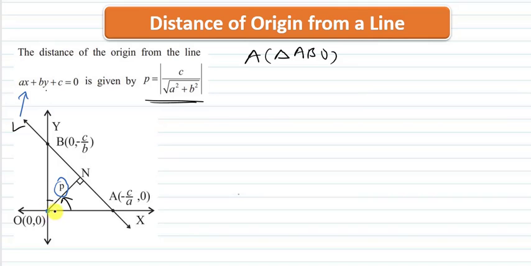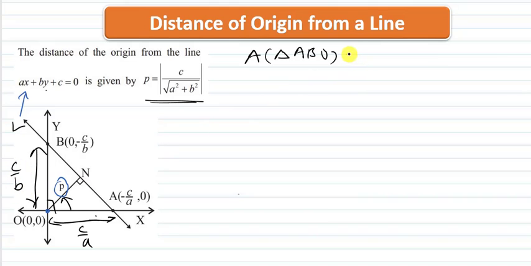We know that the perpendicular from one vertex to the opposite side gives the height of the triangle. So here OB is my height, OA is my base. From the basics we can understand the length of OA is c by a. I am not taking minus c by a because length is always positive. Similarly, the height OB is c by b.